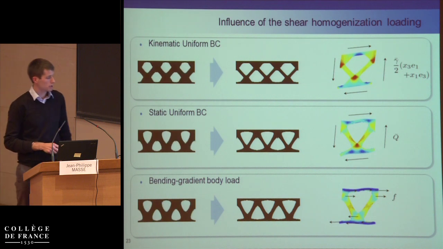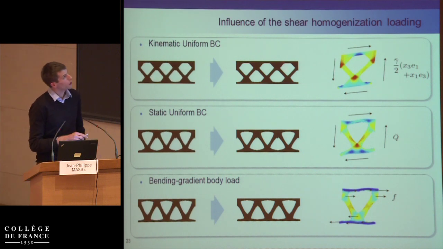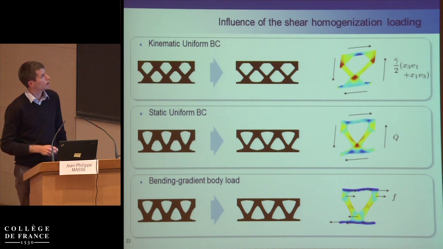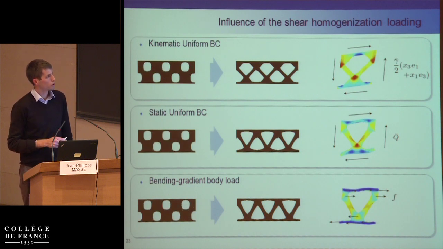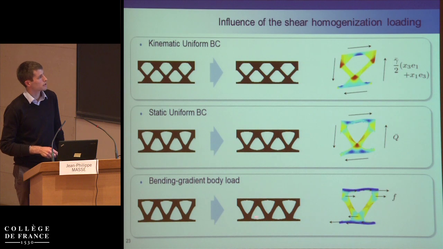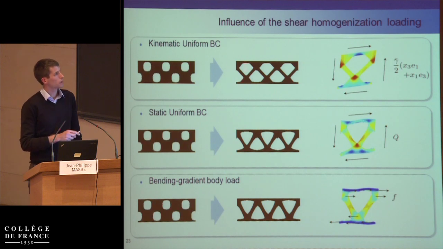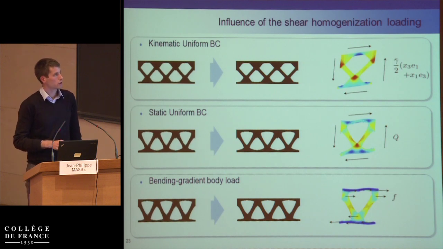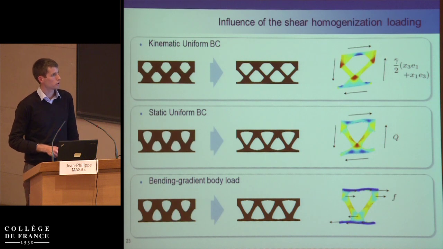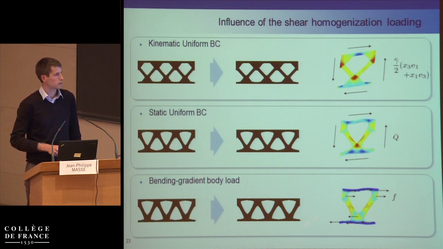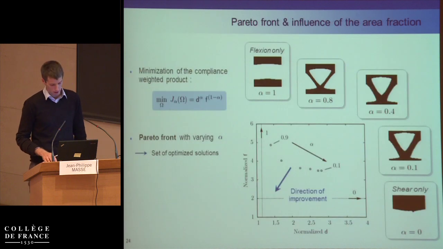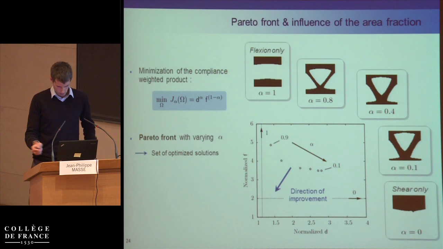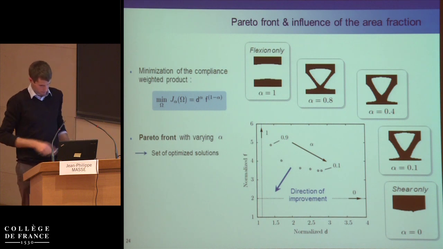Here is just some discussion on the boundary conditions we use in the computation of the transverse shear stiffness, and we show that depending on the way you compute your stiffness, you find different geometries, and that impacts the geometry a lot.